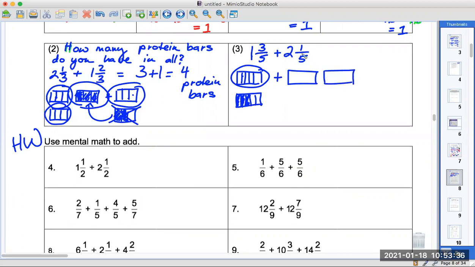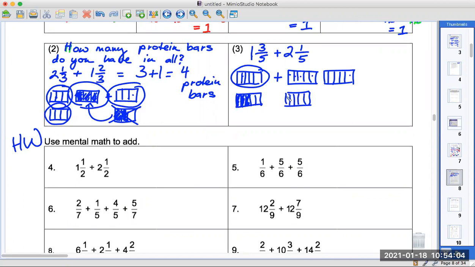And then a part of it, right? 1/5 of another one. Again, I have 5 equal parts, so now I have to divide 1, 2, 3, 4, 5. Notice when I divide 5 equal parts, I have 4 lines that I'm drawing. Count those parts, okay? And then the last one is where it really matters.